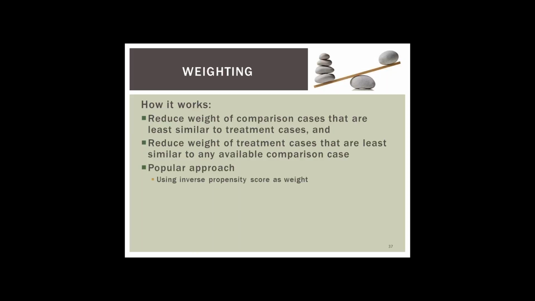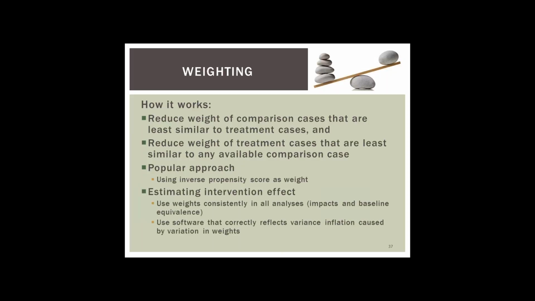One of the most common ways that people do this is the inverse propensity score. One thing you have to keep in mind if you use weighting is that you have to use these weights in all of your analyses, be it impact, baseline, whatever you're doing, and you have to use software that correctly reflects the variance inflation caused by the variation in the weights.